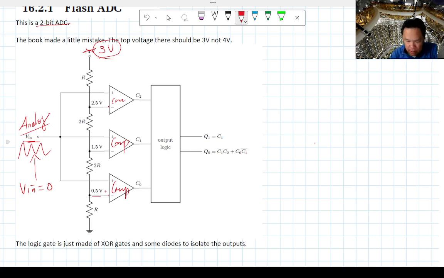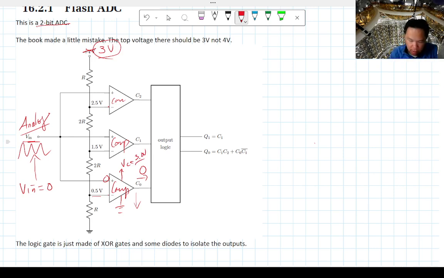Since these comparators compare the 2 inputs, if it's ground here, well, ground is not bigger than 0.5, so therefore this comparator's output will go as low as possible. In this case, the output here will go to 0 volts, if we're supplying this to ground, and then the positive voltage is VCC, which will be probably 3 volts up there.